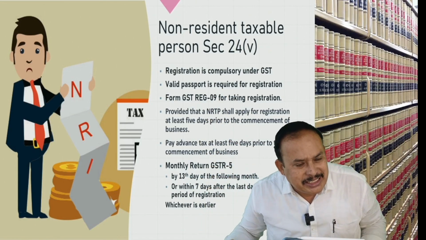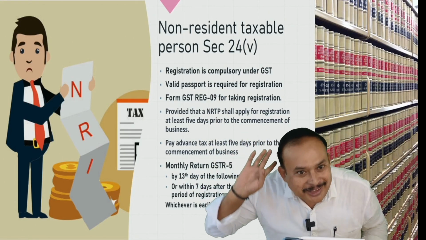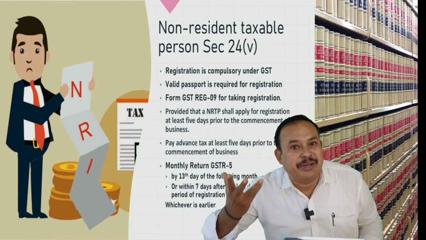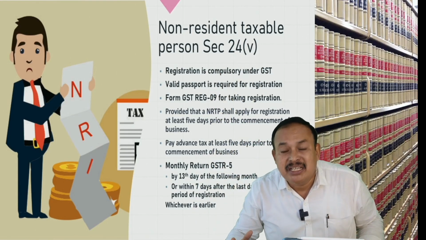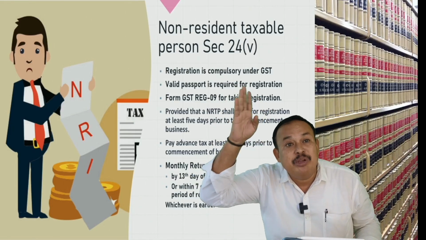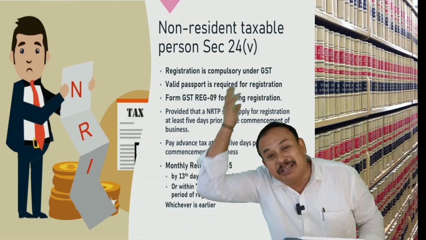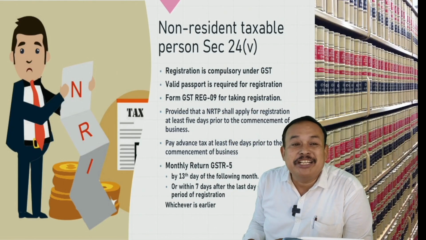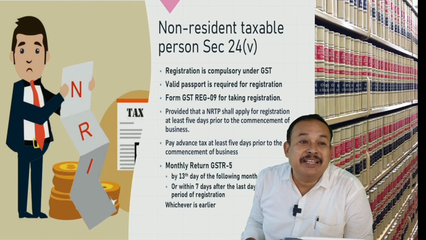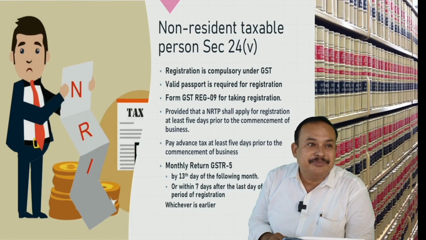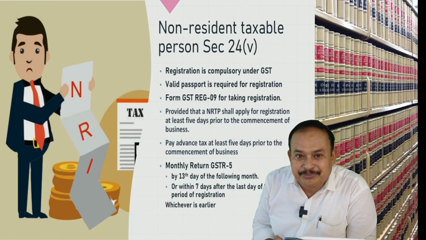You want to extend it? Apply Form GST REG-11, the application for extension of time period. Furthermore, 90 days or the further period sought, whichever is earlier. At that time you have to pay again the estimated liability as advance tax. When should you pay? At least 5 days before the expiry of the given registration period. Get my point? Got clarity?